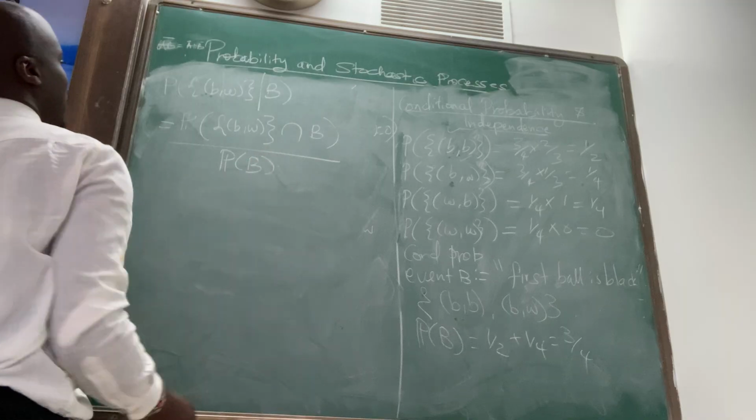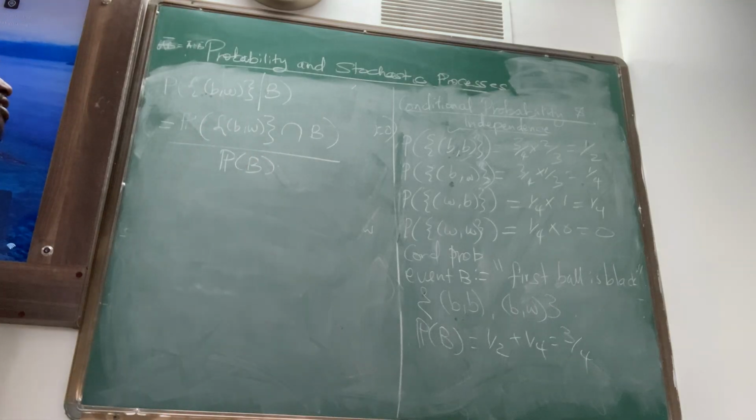of B. Now what's the intersection of B white and B? That's a tough one and easy at the same time, because it's so easy to see. Can you just try to calculate it?